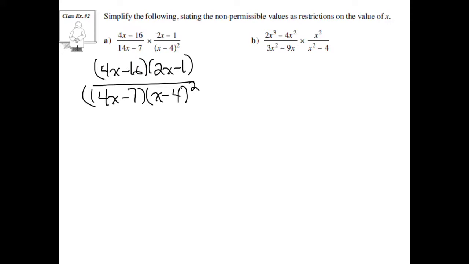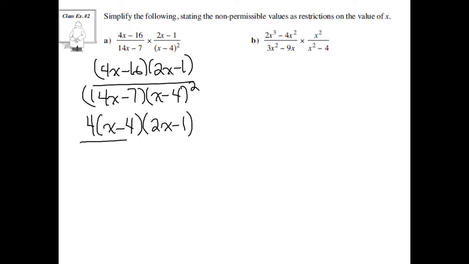squared. To keep this simplifying as easy and as straightforward as I can, we want to put the numerator and the denominator in their fully factored form. So 4x minus 16 can be factored by pulling a 4 out, which has our x minus 4 in brackets times 2x minus 1.